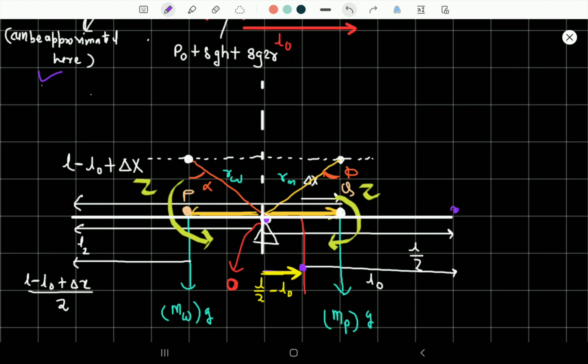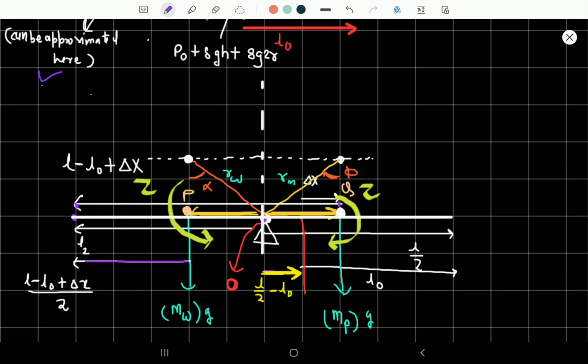Now similarly we would do here: the distance from here to this fulcrum is L by 2. Now from here to here the total distance, because we need to find the center of mass of the water, it would be at the midpoint of the total length. The midpoint of this total length would be the location of the center of mass, and that only I am going to do here. So the value of OP could be written as the total length, which is L by 2, minus this length.